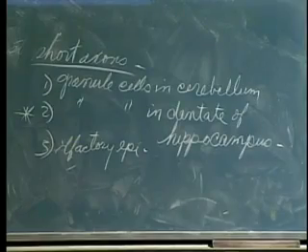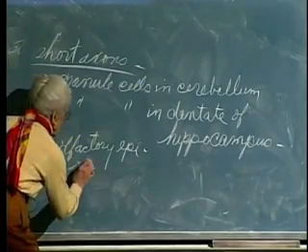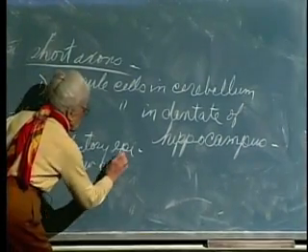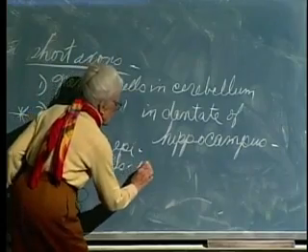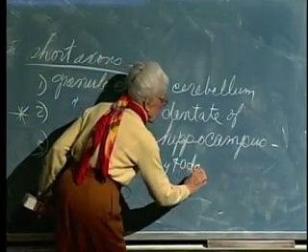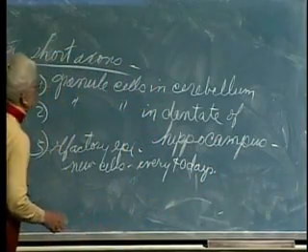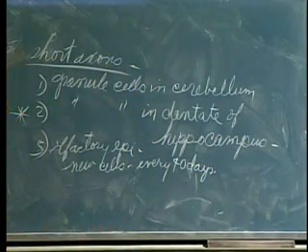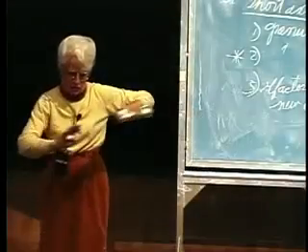So olfactory epithelium, new cells normally every 40 days. So we've given some places where you can get, these are main places that have been shown to form new nerve cells. You go to the old literature, it says nerve cells don't divide after birth. But there are places where there's small axons where they can.